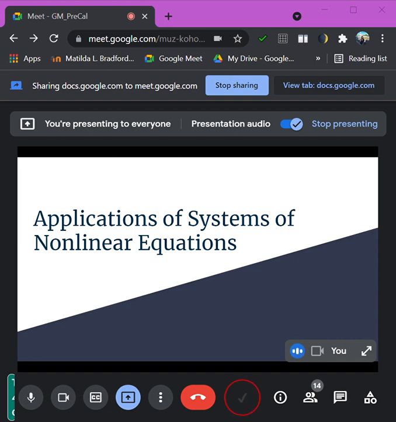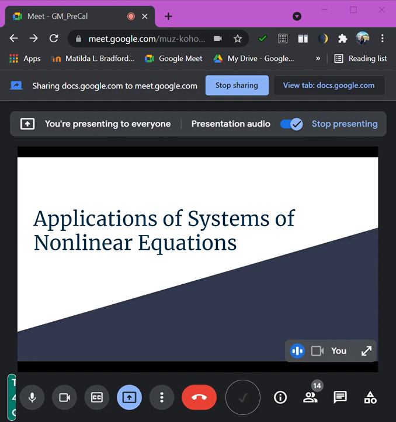So this time, since we have nonlinear equations, the given could be quadratic, could also be linear, could also be a polynomial.